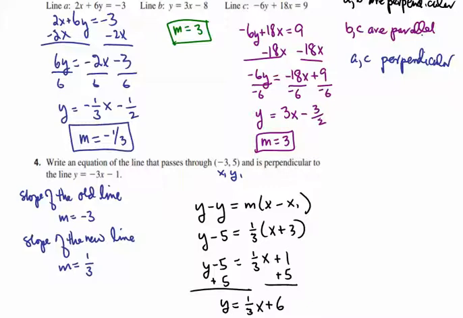Well, I know that this line is going to be perpendicular to y equals negative 3x minus 1 because its slope is 1/3 and the slope of the original line was negative 3. They are opposite signs and reciprocals of each other. Now, how would I know that this passes through the point negative 3 comma 5? Well, I ask the new equation, when your x-coordinate is negative 3, what is your y-coordinate?